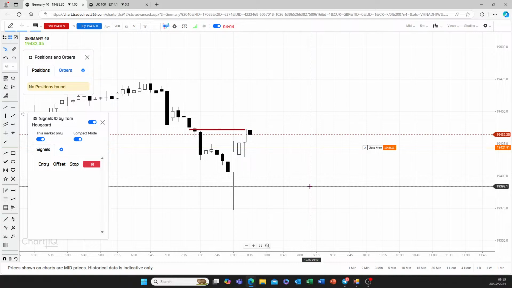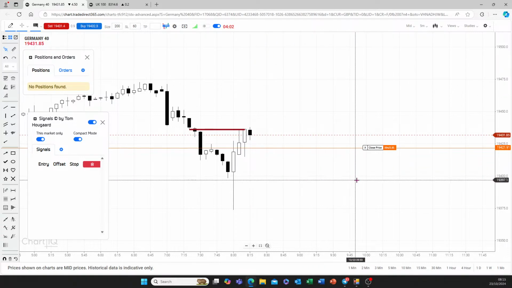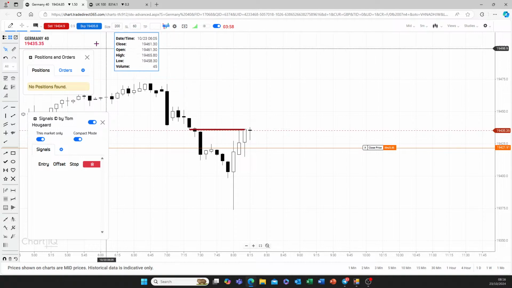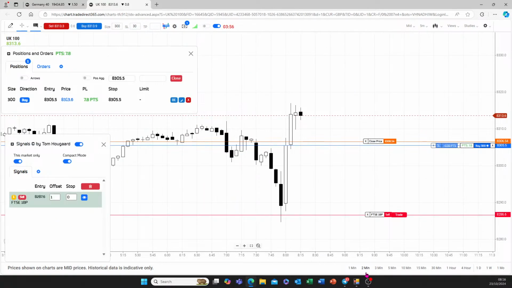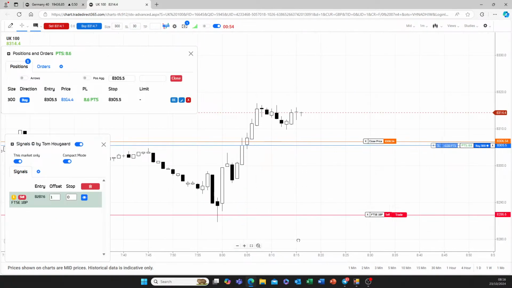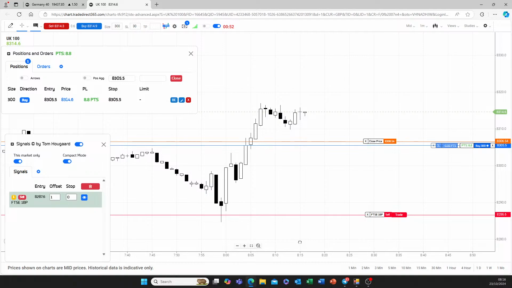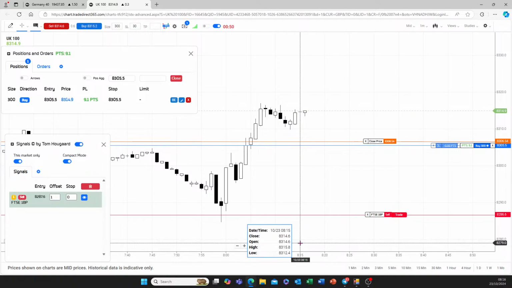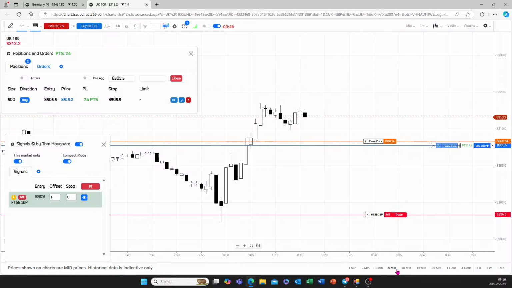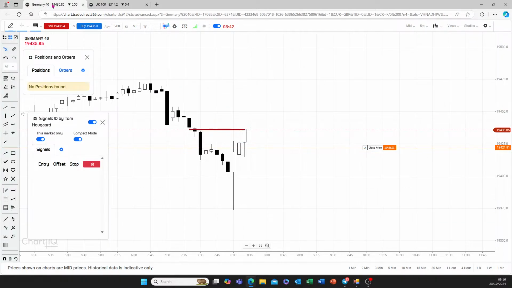We're coming up to the completion of the aggressive school run bar. FTSE on a 1 minute chart isn't doing anything just yet. FTSE is right now up 8 points on the day from the cash close previous day.